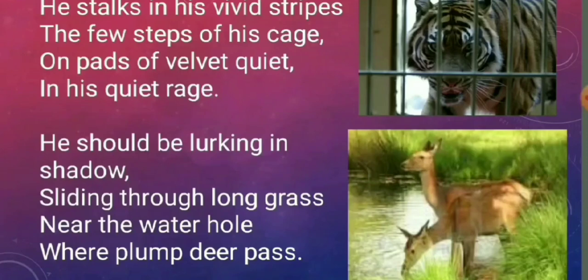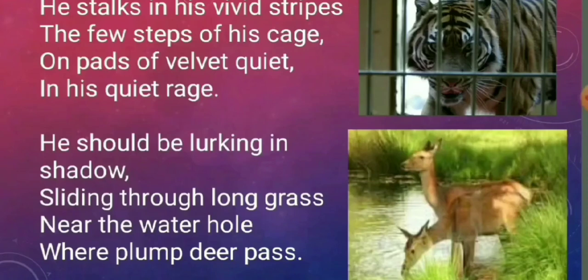One cannot hear his footsteps because he has very soft feet like velvet. The poet compares his paws of foot with velvet, because of which there is no sound of the tiger's footsteps.